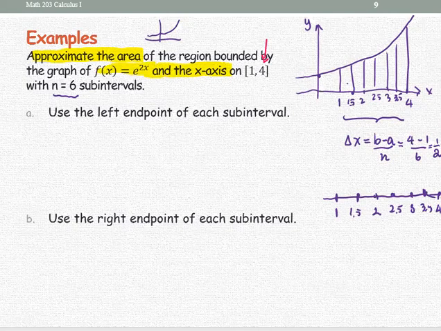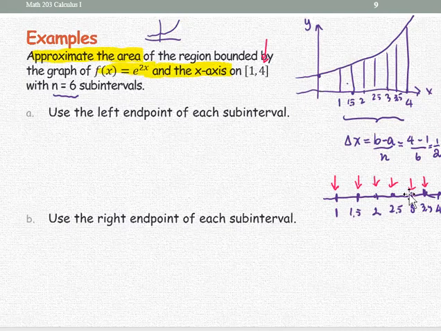For the left endpoints, for the first interval the left end is 1, and we use all the 6 left endpoints except the last one. The last one is considered the right endpoint of the last interval.